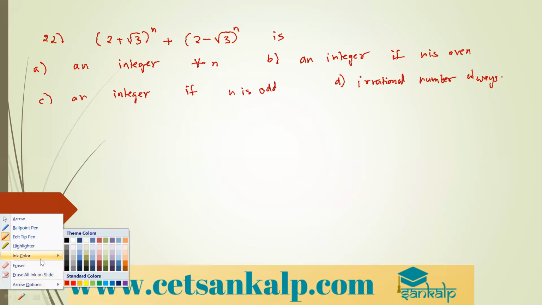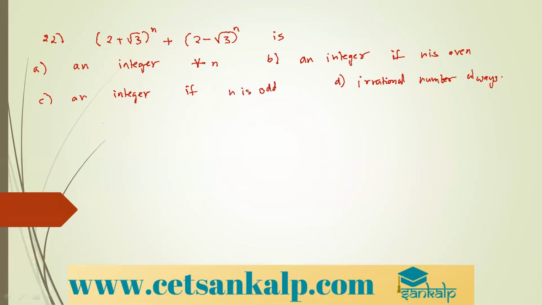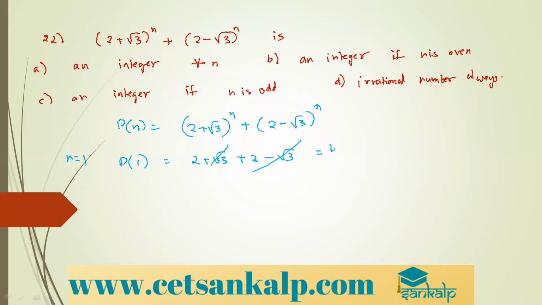To select one of the options, first I will take P of n statement as 2 plus root 3 whole power n plus 2 minus root 3 whole power n. I'll put n equal to 1. P of 1 will be 2 plus root 3 plus 2 minus root 3, which is an integer. I'll put n equal to 2. So P of 2 will be 2 plus root 3 whole square plus 2 minus root 3 whole square.